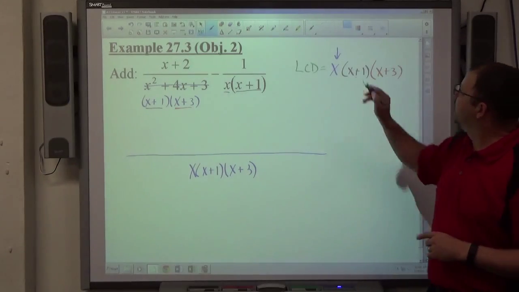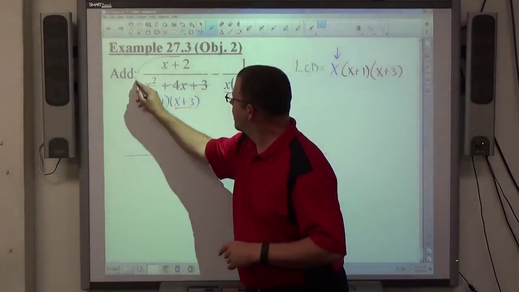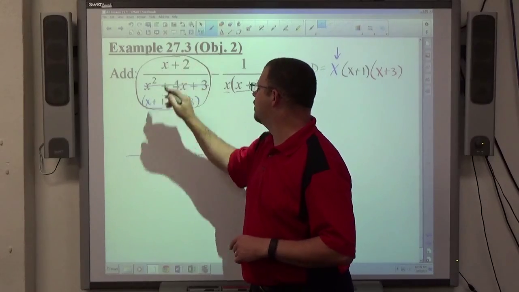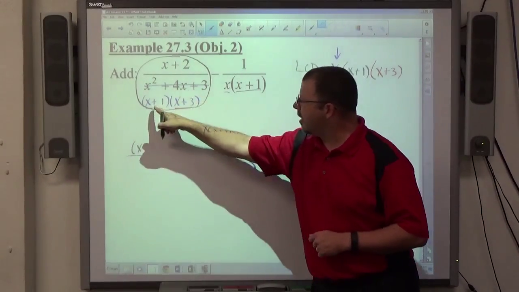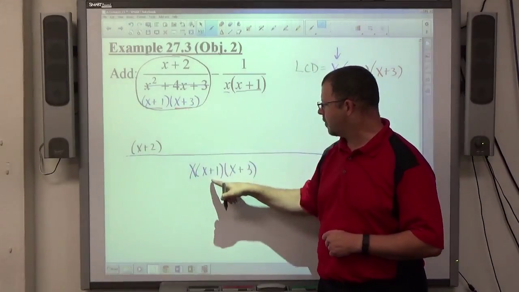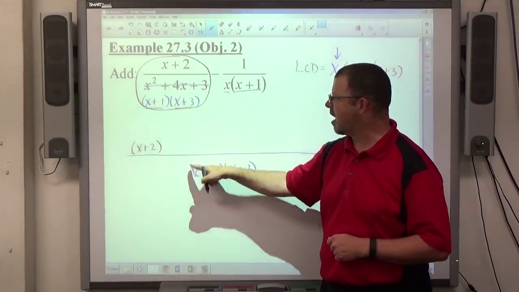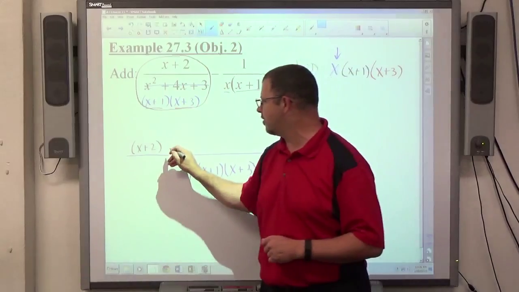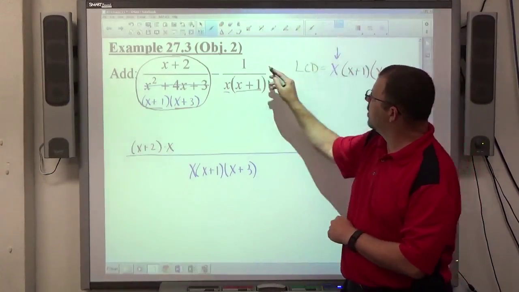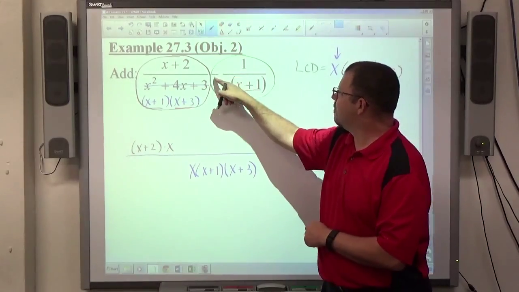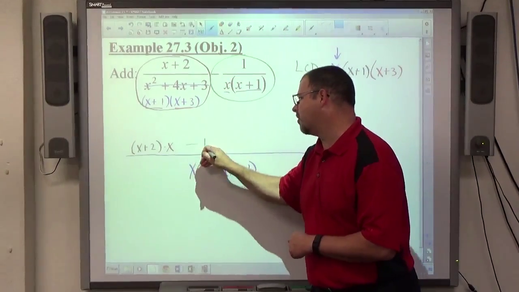All right, first fraction is this. And the numerator of the first fraction is x plus 2. And the denominator was x plus 1 times x plus 3, which is here. This x is not part of the original denominator, so the x is new. So times x for the first one. The second fraction is minus 1, so I write minus 1.